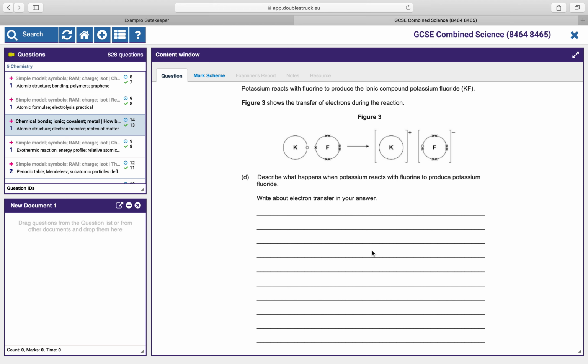You need to break it down into how many electrons are being transferred, and from what to what. How many are being gained, how many are being lost.